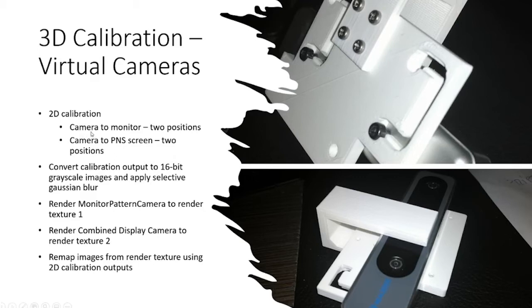And once I did the camera to monitor calibration from these two positions, I moved to the camera to pen as screen calibration. So basically, I need to do the same thing again, but I need to put the Project North Star headset on the calibration rig. That's probably the worst part of such calibration because you need to be sure that you didn't move anything.